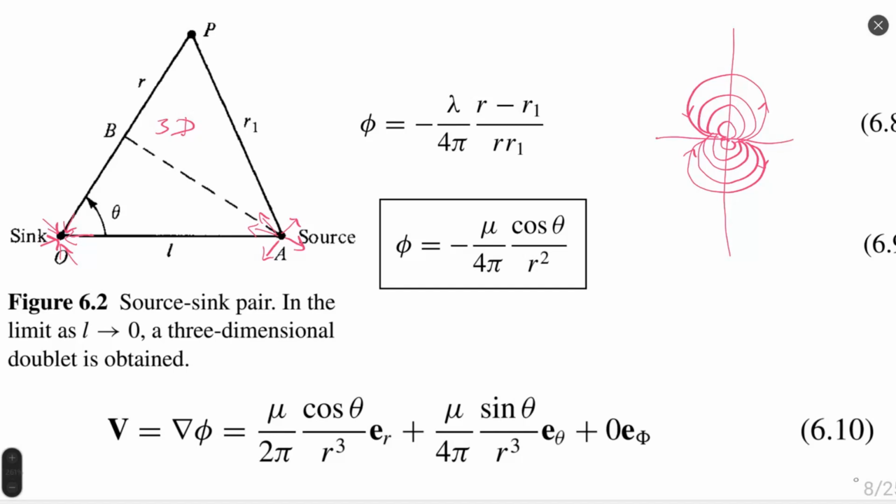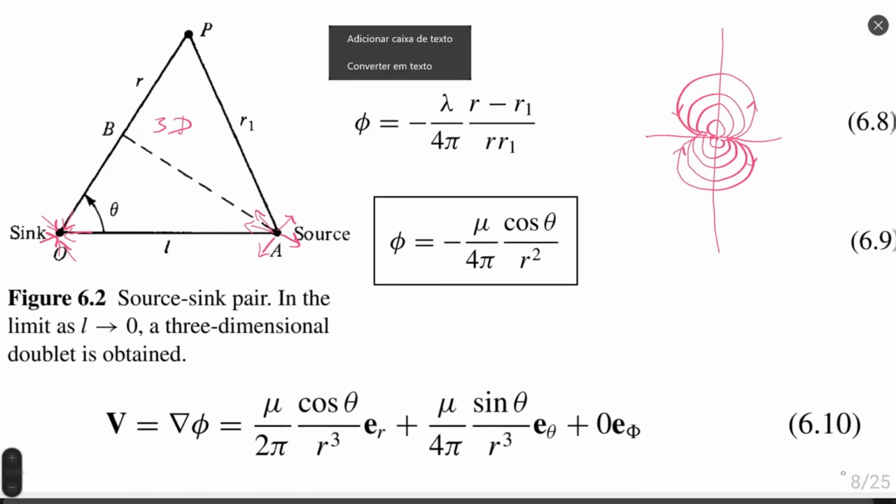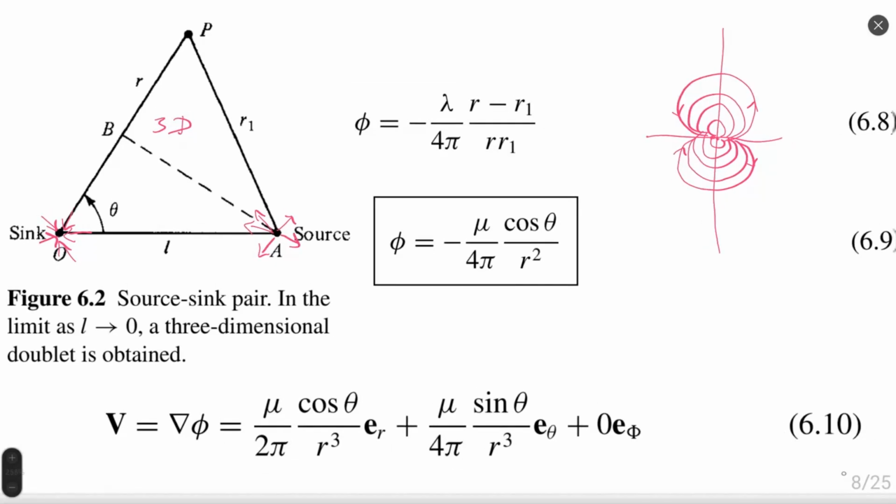It's shown in equation 10, as you may see. Equation 8 describes the potential function. Equation 9 describes the potential function in spherical coordinates. And equation 10 describes the velocity vector from this potential function.